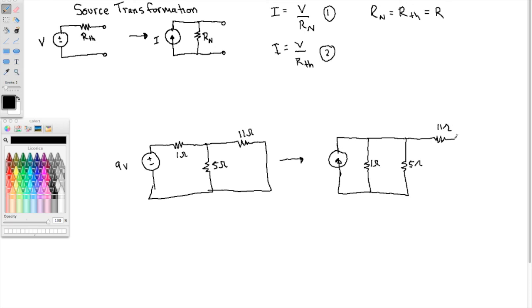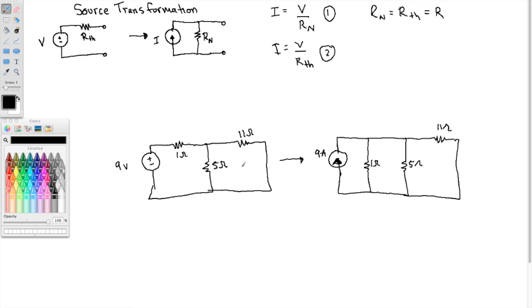Like this. And you see, the resistors are the same. That's what we just showed here. So I just copy and paste. I copied this 1 ohm resistor, I put it here. And the current source, what we showed is the arrow of the current source goes from negative to positive, right? And the value of the current source, well, this must be true, either equation 1 or equation 2. 9 volts is V divided by the resistor 1, so this would be 9 amps.